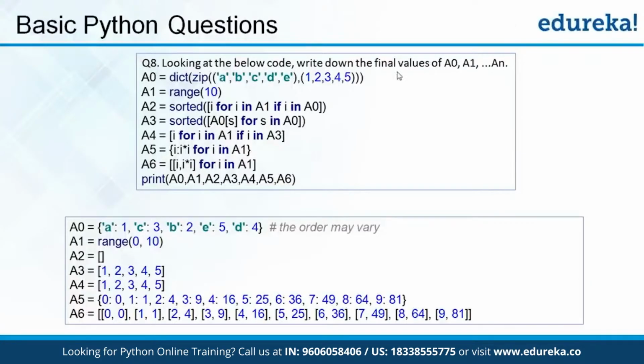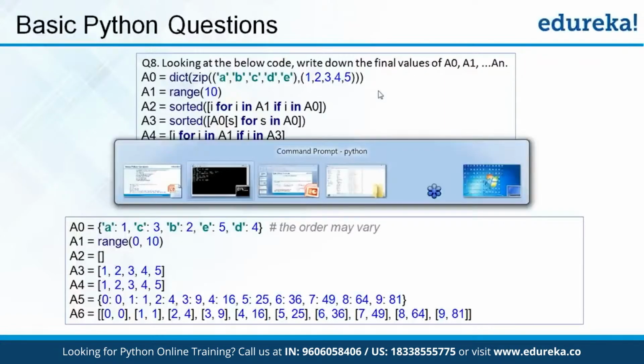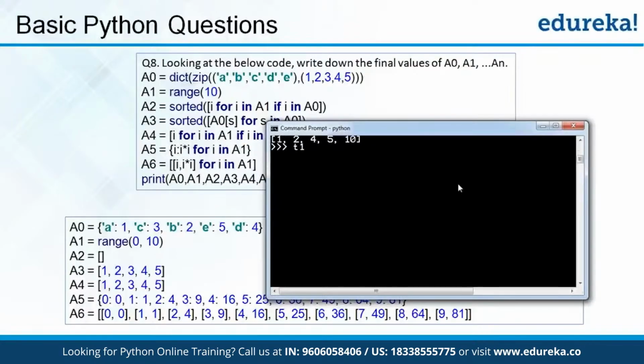Now you have another set of questions, which are simple programmatic questions. Let's take a look. T1 is equal to A, B, C, D, and T2 is equal to 1, 2, 3, 4, 5. You want to create a dictionary out of two different lists or tuples which have a matching number of arguments.